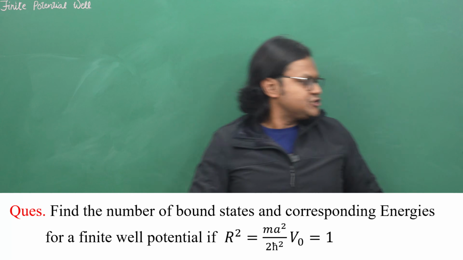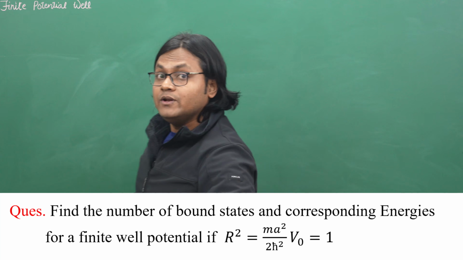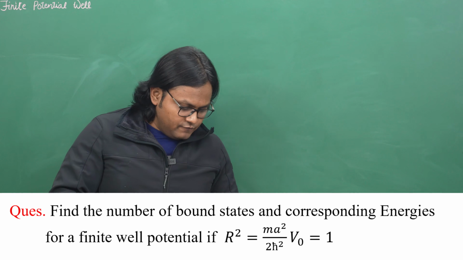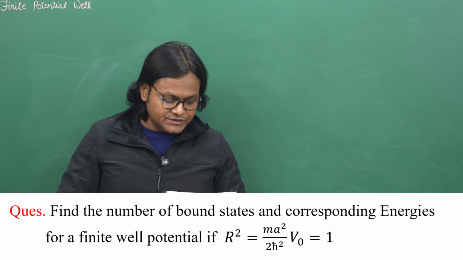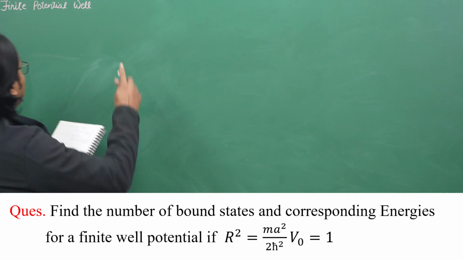So this is a question where we may have a potential and then we want to calculate the energy level of the bound state in that potential. Find the number of bound states and corresponding energies for the finite well potential when r is equal to 1.